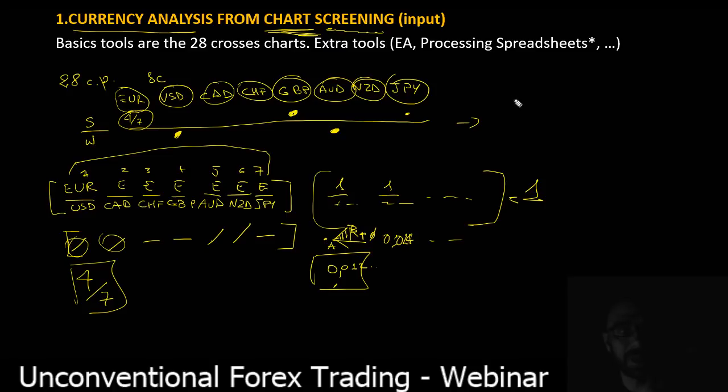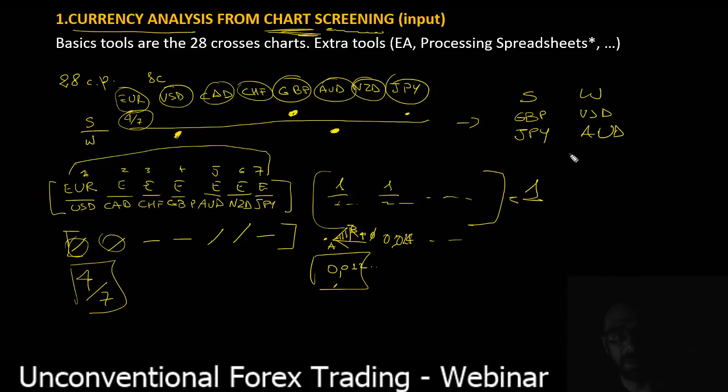So we understand that we have as strong GBP and yen, and as weak we have USD and Aussie.